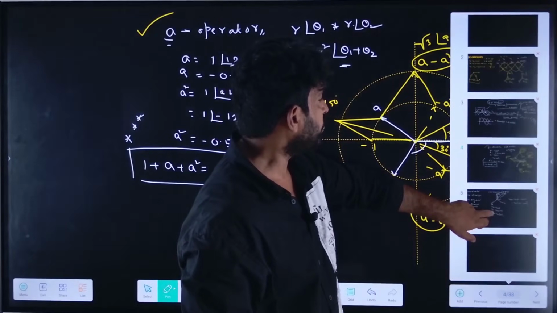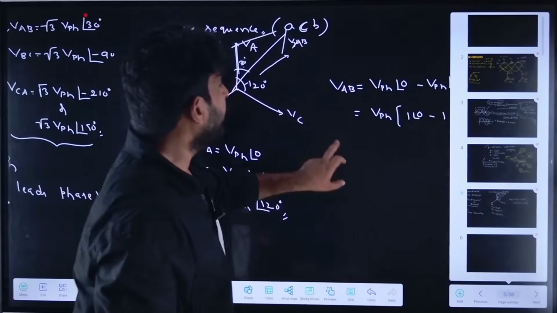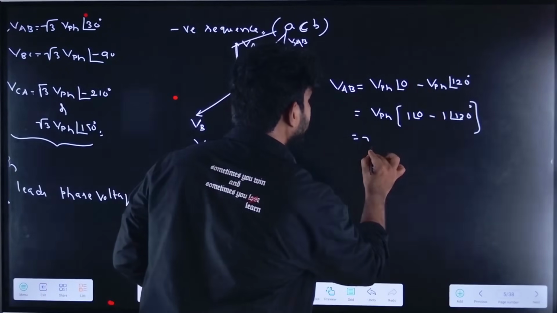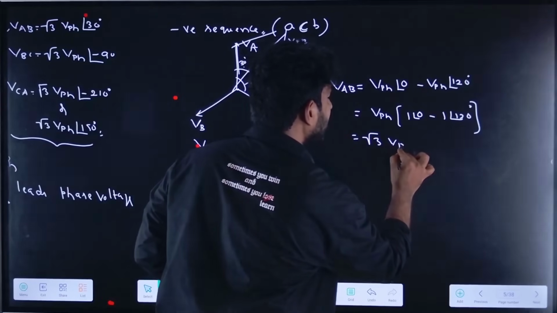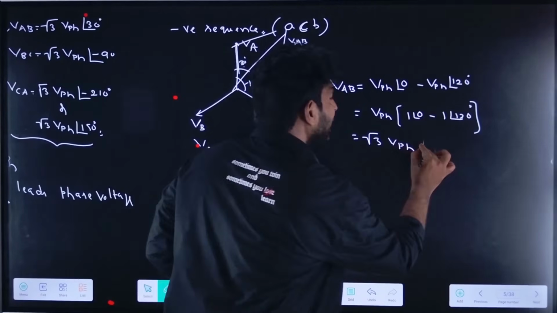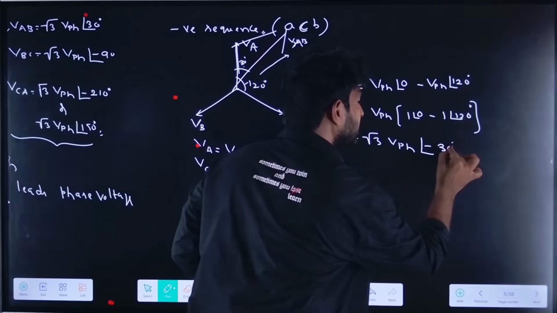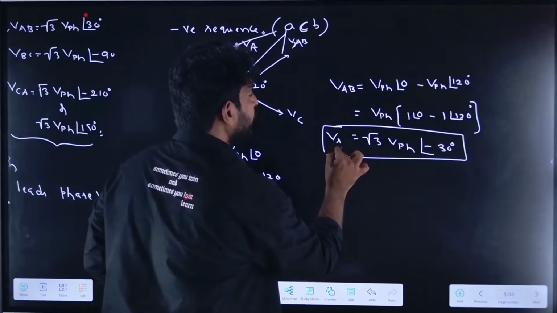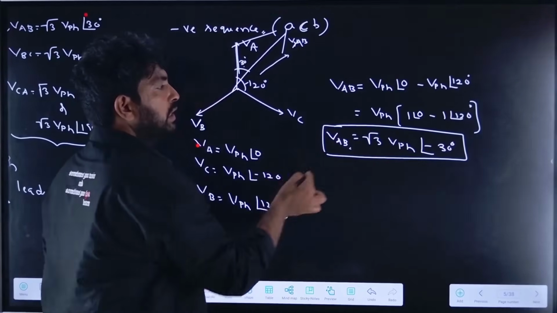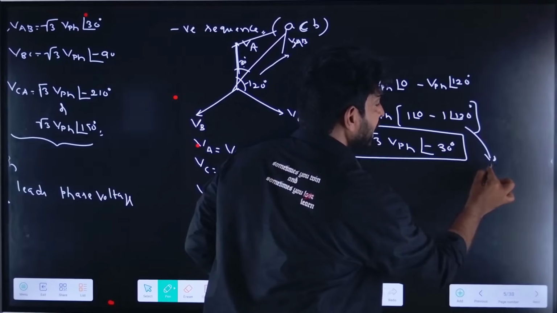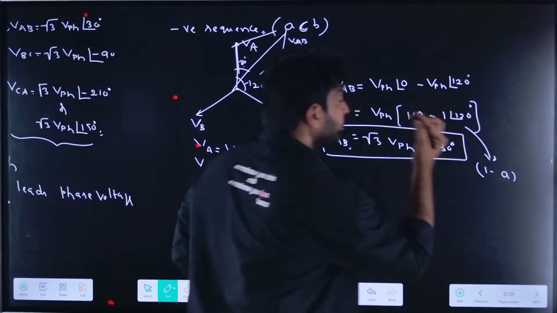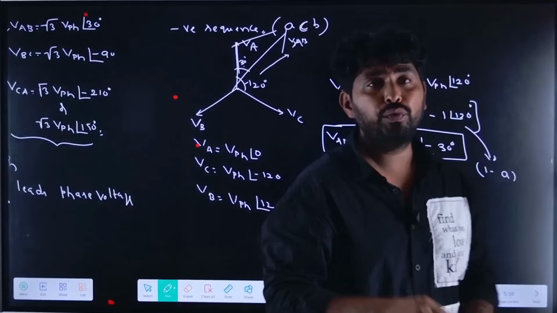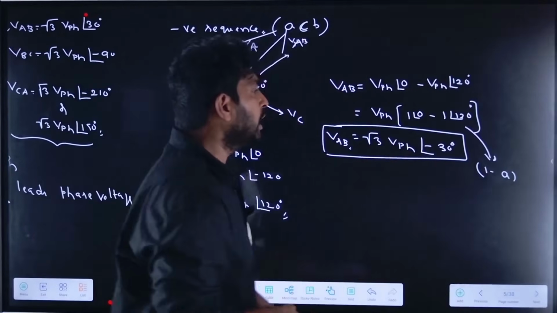Now, if I write the expression, it is equal to root 3 into V phase at an angle minus 30 degrees, which is equal to 1 minus A. So here VAB equals root 3 into V phase at an angle minus 30 degrees.